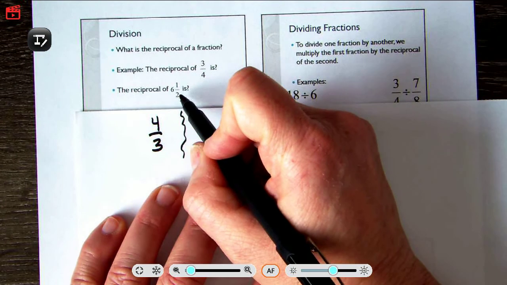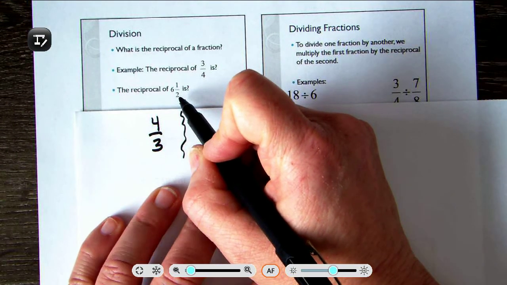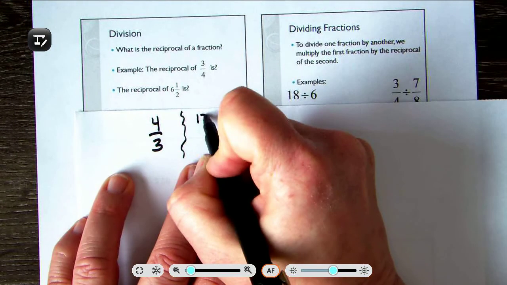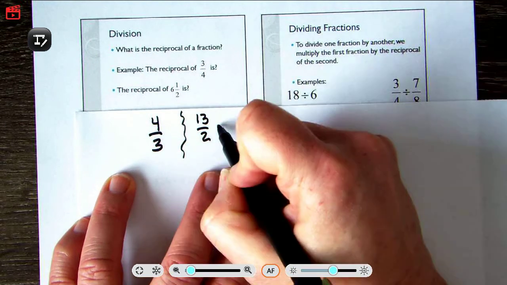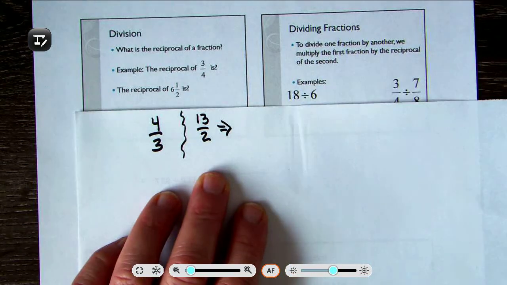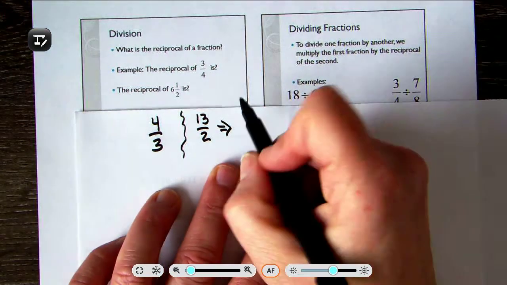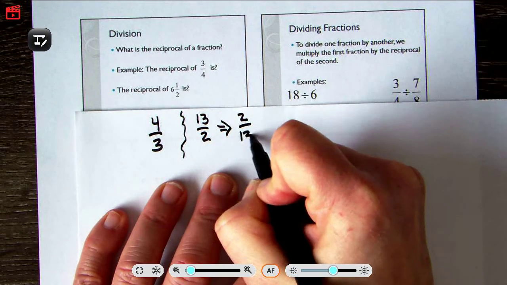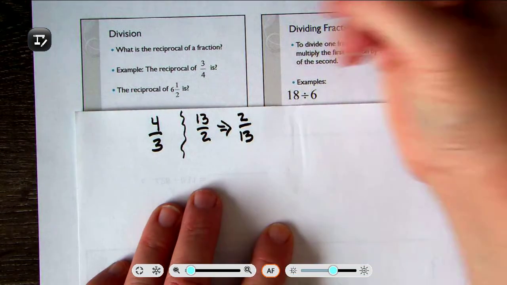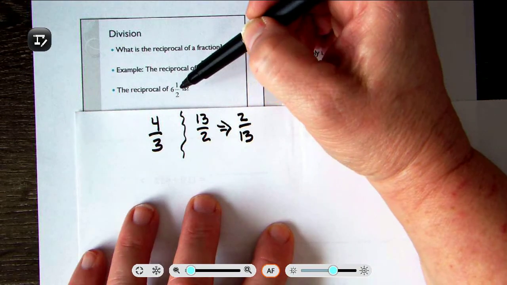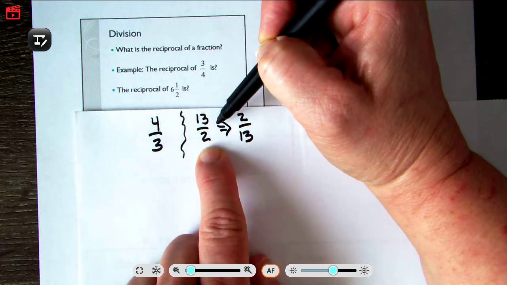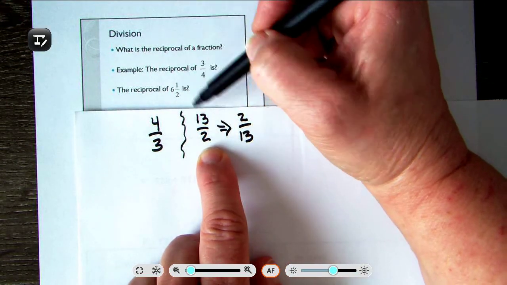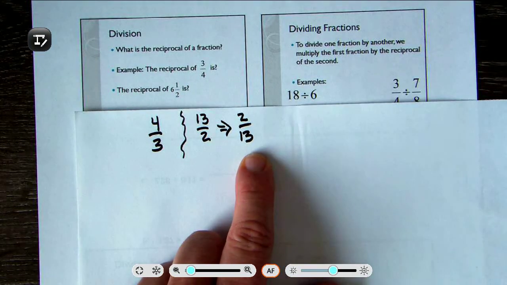So 6 times 2 is 12, plus 1 is 13, so 13/2. The reciprocal is going to be that flipped upside down, 2/13. We cannot take the reciprocal of a mixed number unless it's in its improper form. So that's why we need to remember this.